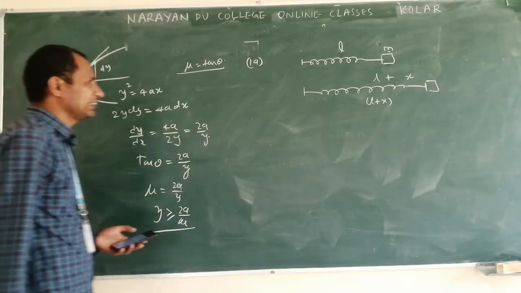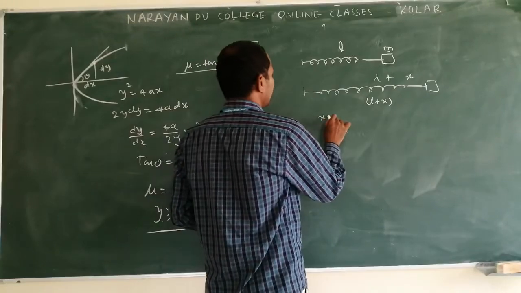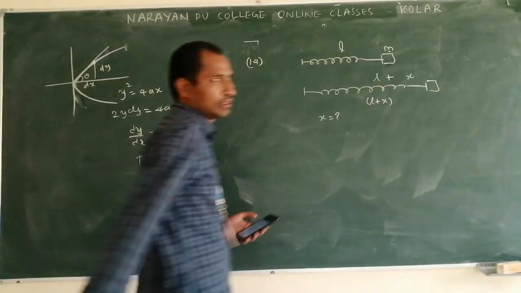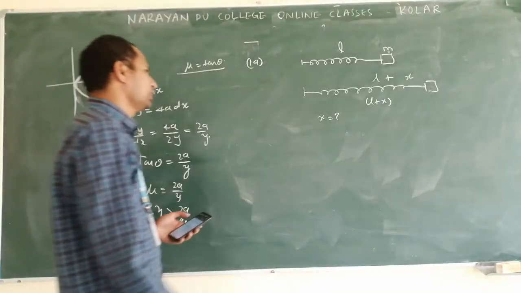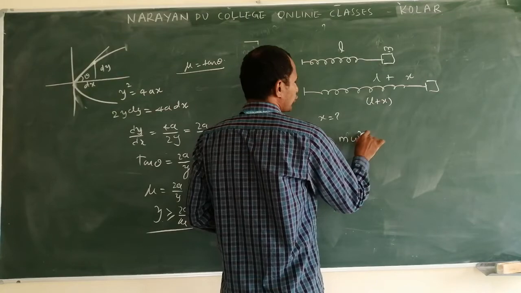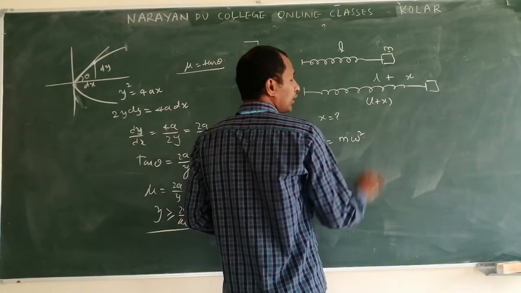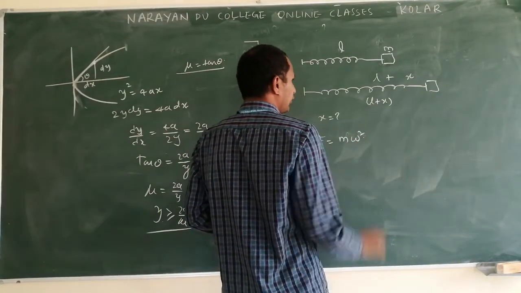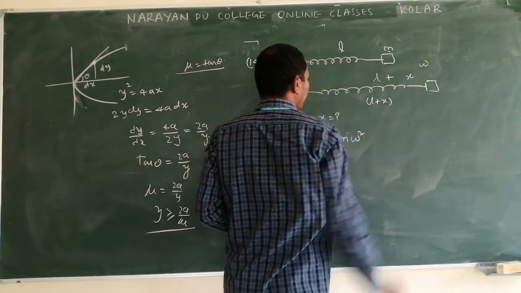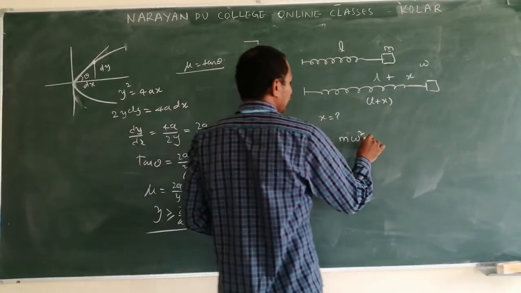Okay, what are they asking? Elongation x they are asking. When it is rotating, which force does it experience? Centripetal force. That centripetal force formula is m omega square r. It is rotating with angular velocity omega. So what is the radius of this one?